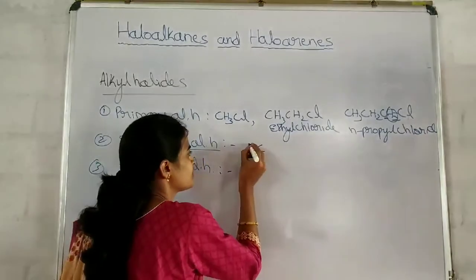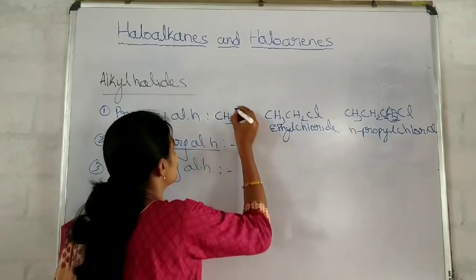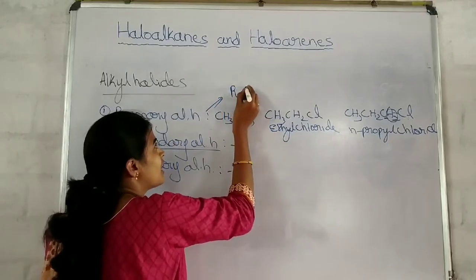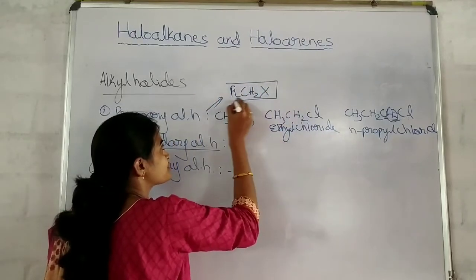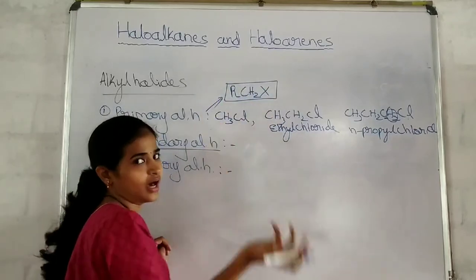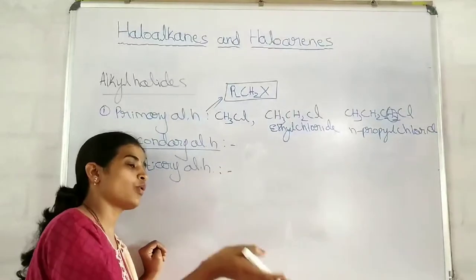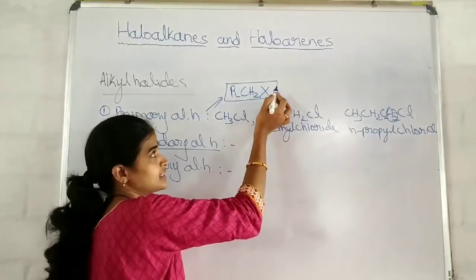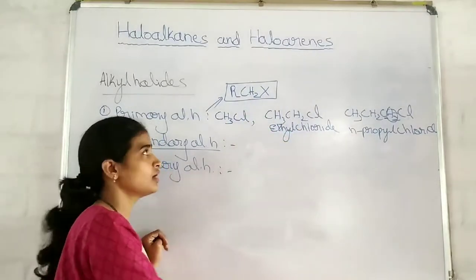For example, what is the general formula of the primary alkyl halide? I can write it as RCH2X. R may be any alkyl group, it may be ethyl, methyl, propyl, whatever, followed by CH2X. X may be fluoride, chloride, bromide or iodide.